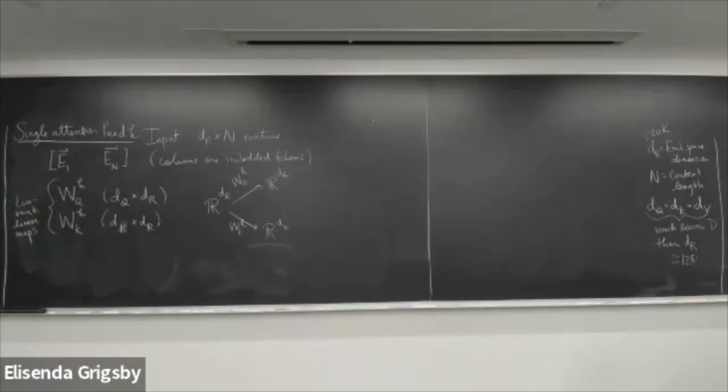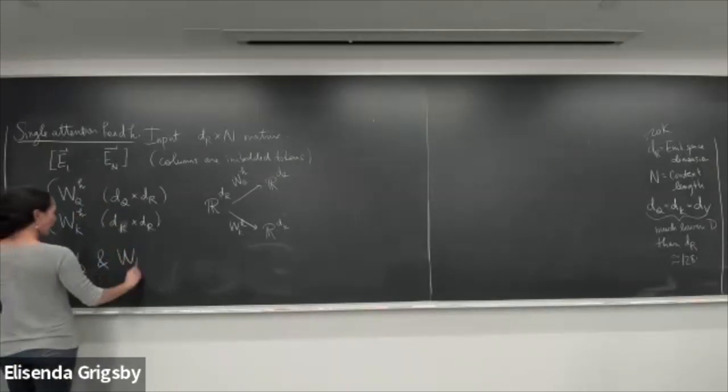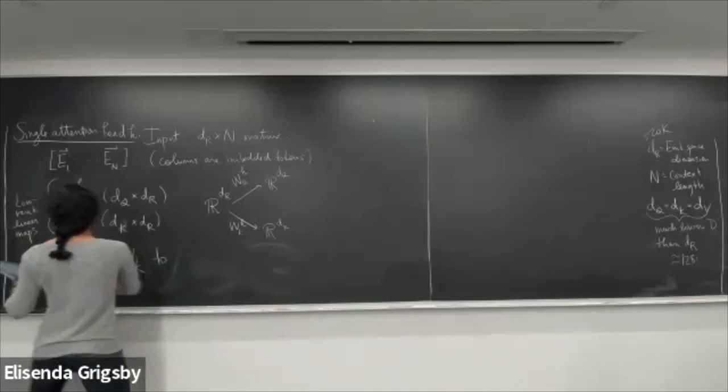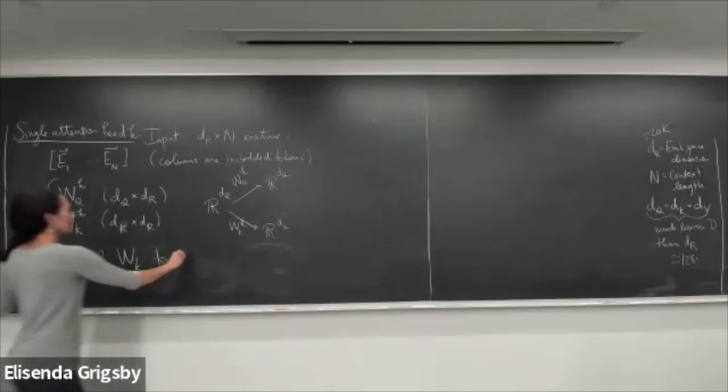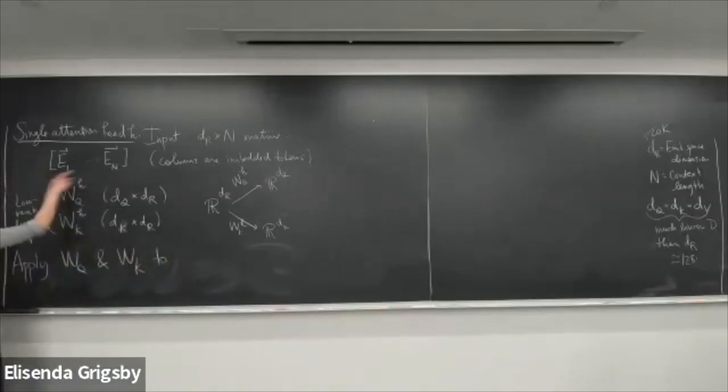So you do this and then you compute all of the pairwise dot products. We use WQ and WK: apply WQ and WK to, let's give this matrix a name, big X. This is just the set of tokens.